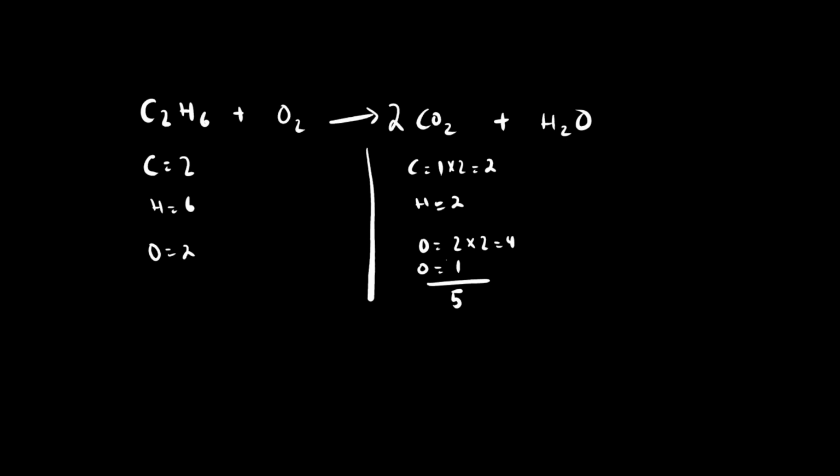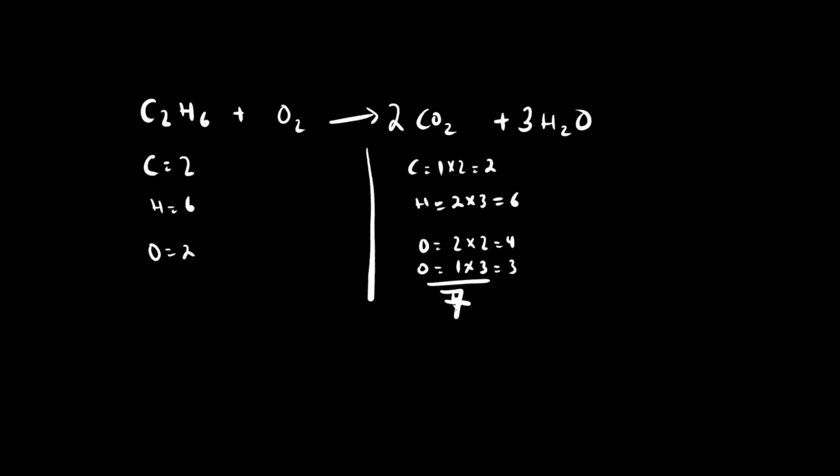Least common multiple of 2 and 6 is 6, so we need a coefficient of 3 in front of the water. And so now we have 6 hydrogen on the right and a total of 7 oxygen on the right.